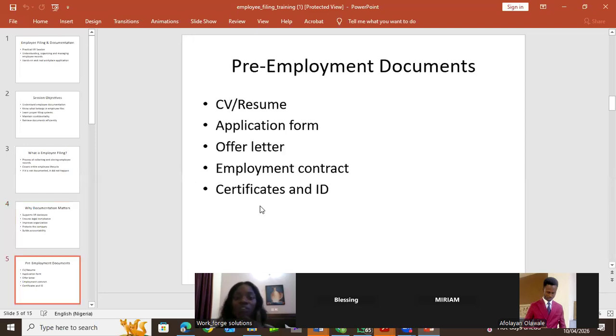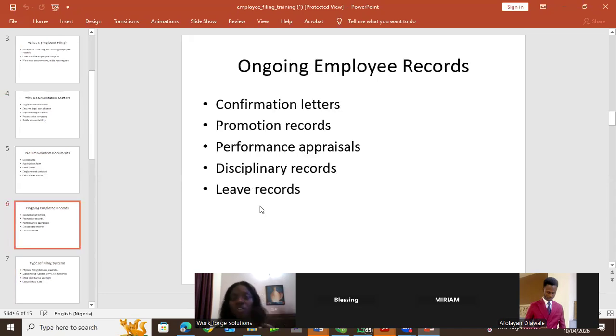So yes, I talked about what should be in the file: CV, the application form, offer letter, contract, certificates, confirmation letters, promotion record, performance appraisals. How did I not talk about this? Those are things that should also be filed. If performance appraisal happens every month, every quarter or half a year, after the appraisal, the result should be added to the employee's file.